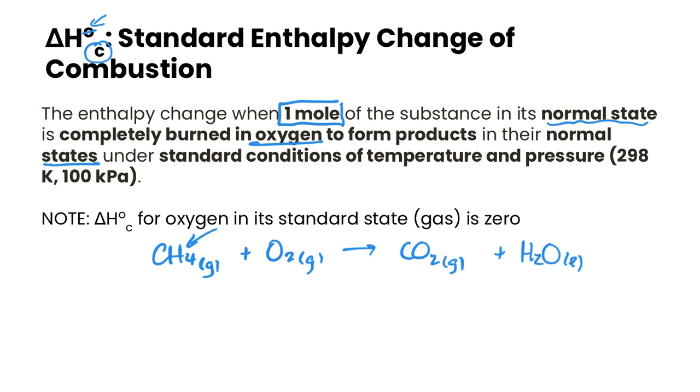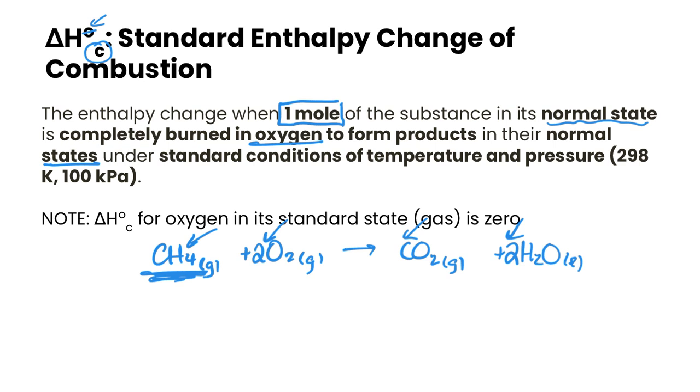So if we were to balance this, we'd have a 2 here and a 2 here. Now we're balancing based on 1 mole of our reactant. Similar to enthalpy changes of formation, you may need to use fractions here, and that's okay because this is the definition for the enthalpy change of combustion.